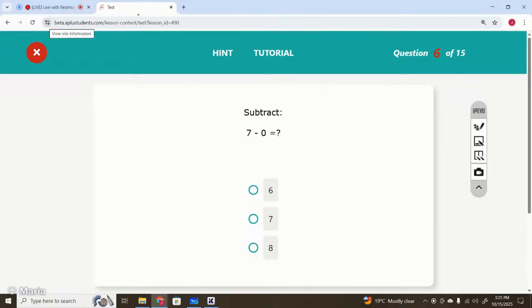Seven take away 0 is 7. Option number 2 is the correct option.